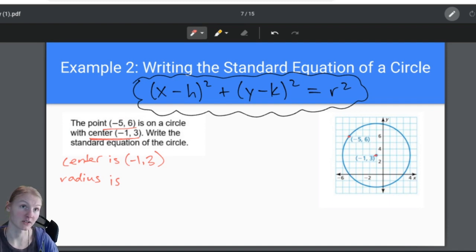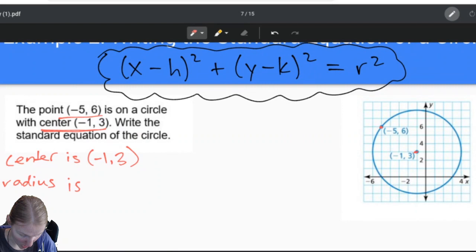The radius is... Well, let's see. Ooh. If I zoom in on this picture, I could just drop this line straight down and count these boxes. But how do I know for certain that this edge of the circle perfectly crosses right here?